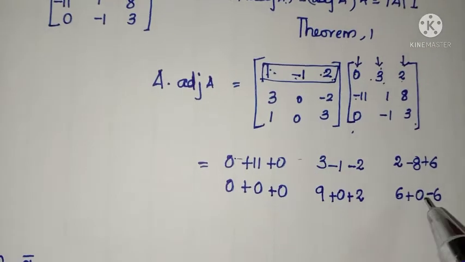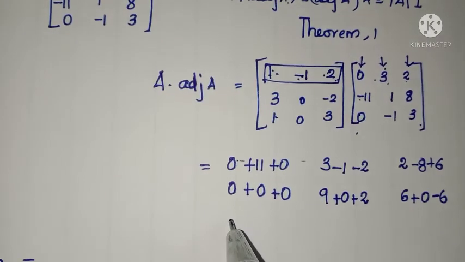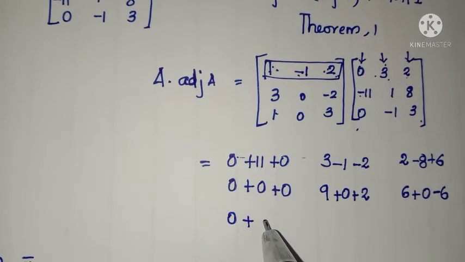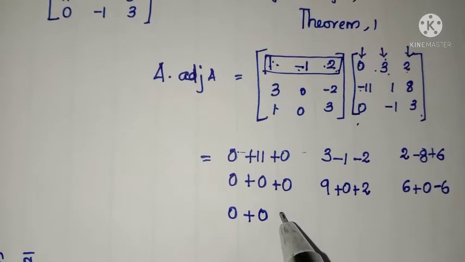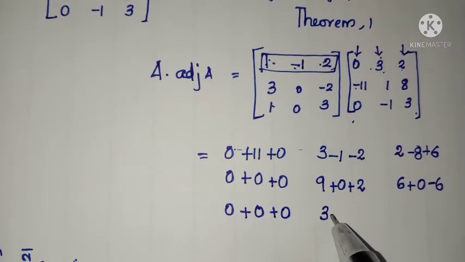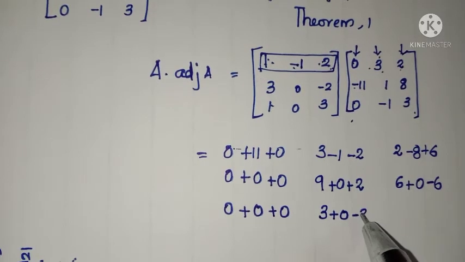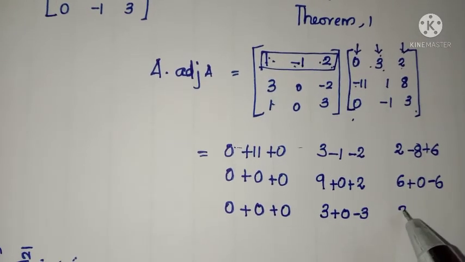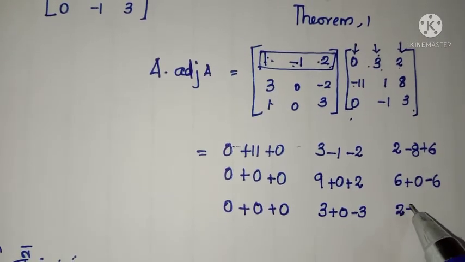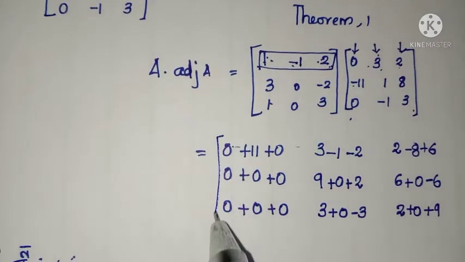So, second row is over. Now, third row. 1 into 0, 0, 0 into minus 11, 0, 3 into 0, 0. 1 into 3, 3, 0 into 1, 0, 3 into minus 1, minus 3. 1 into 2, 2, 0 into 8, 0, 3 into 3, 9.